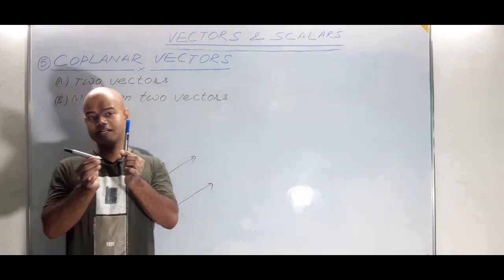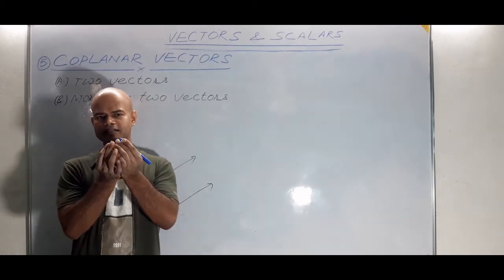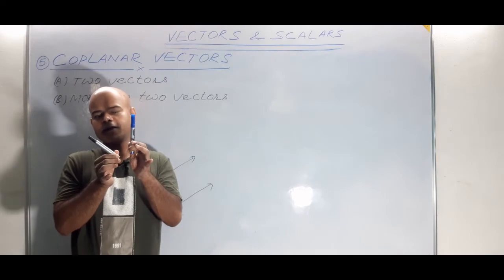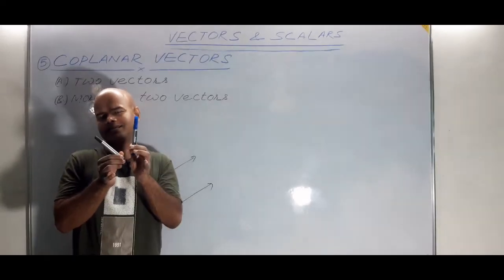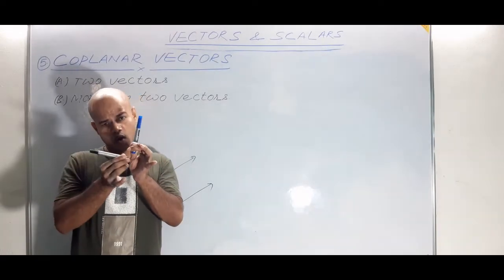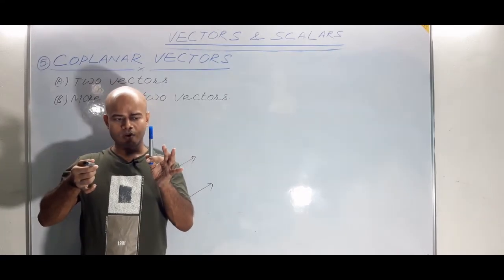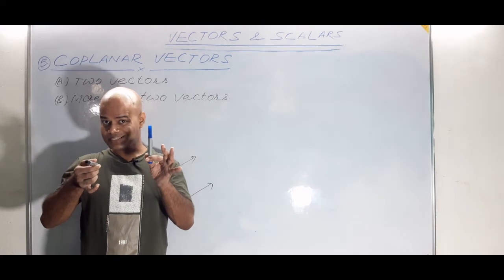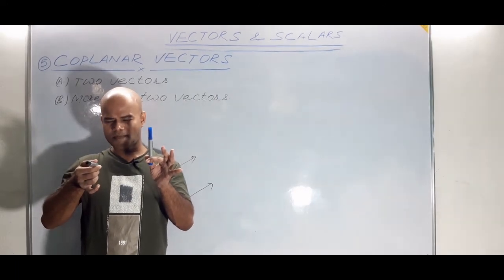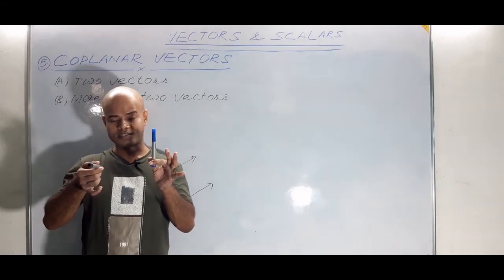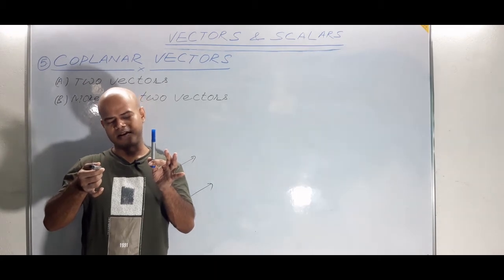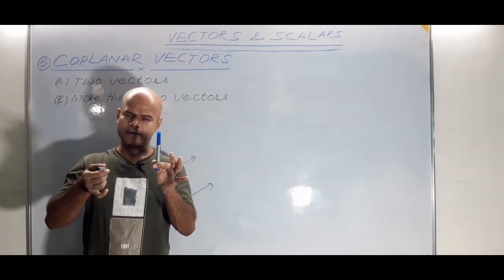They can be intersecting at any angle. And the third possibility is they are neither parallel nor intersecting, that is askew. This is called askew. They are not parallel, you can see. Then you'll assume if they are not parallel, they must intersect. No, this is the third possibility, that they are neither parallel nor intersecting, right?